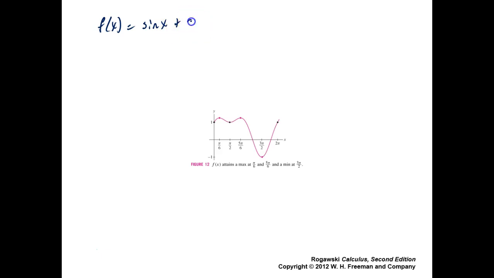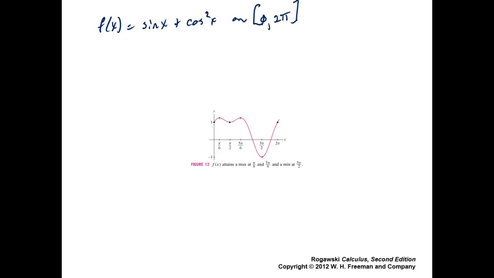Yep. Cosine squared x. Okay, on the interval 0 to 2 pi. Now, the way they ask this one, find the minimum and maximum of the function. Okay? They don't even call them extreme values, but that's what you're looking for still.